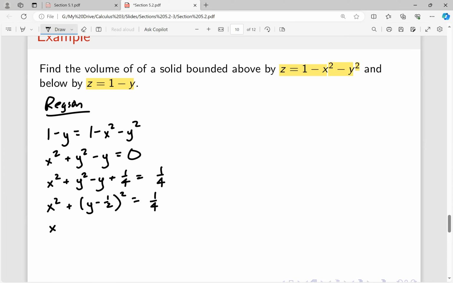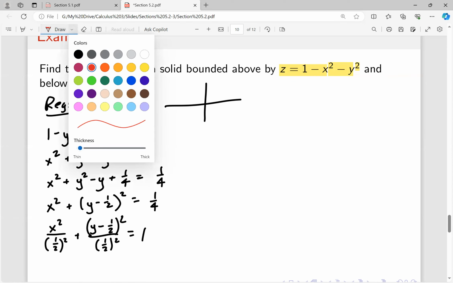I have x squared over (1/2) squared plus (y minus a half) squared over (1/2) squared equals 1, meaning my region is the circle centered at x is 0 and y is 1/2.